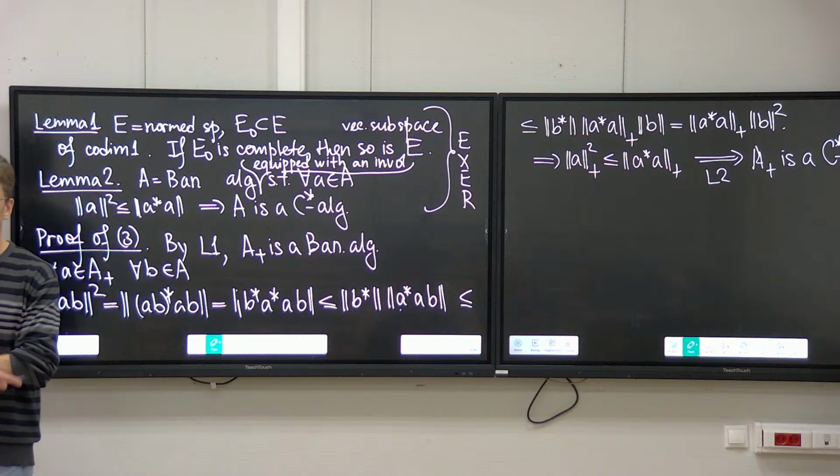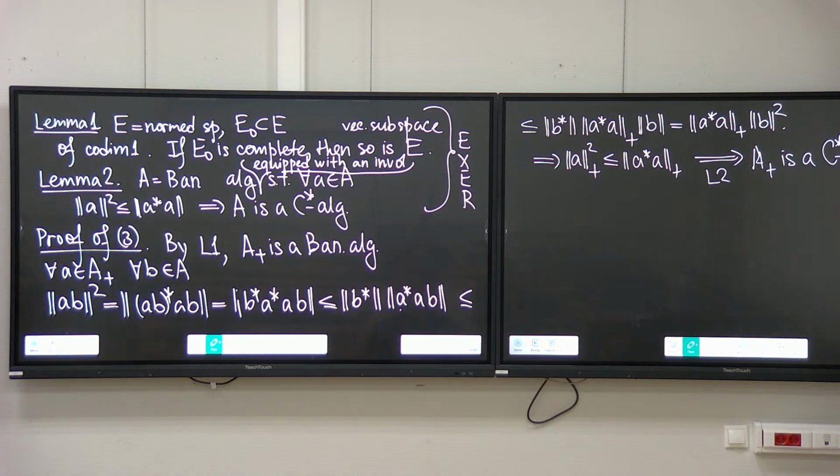Well, in summary, we see that this result can lead to some dissatisfaction because the norm on A plus is defined in two completely different ways, depending on whether or not A itself is unital. In the unital case, we have one construction. In the non-unital case, we have a completely different construction of the norm.